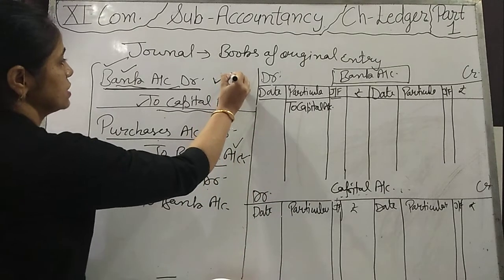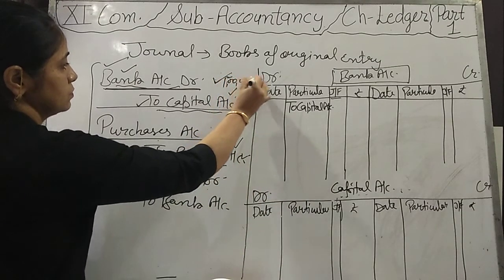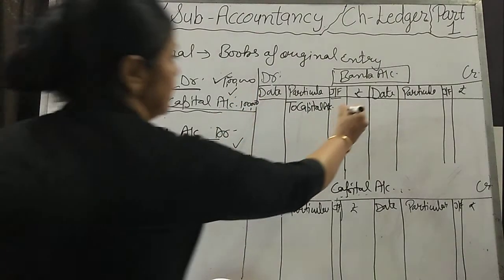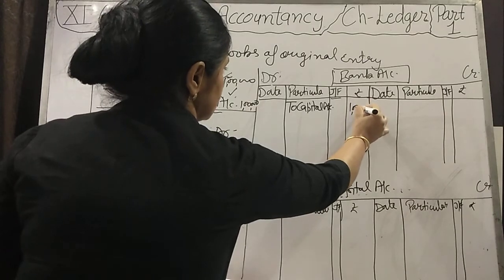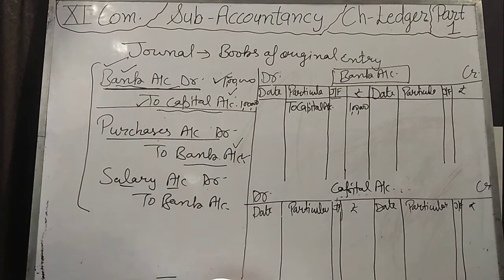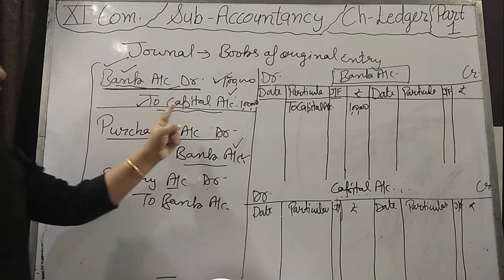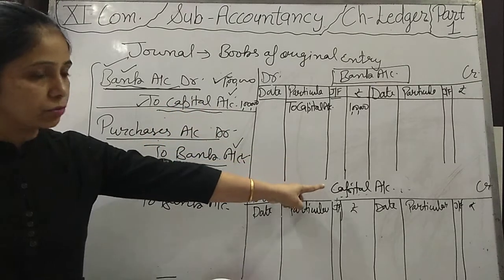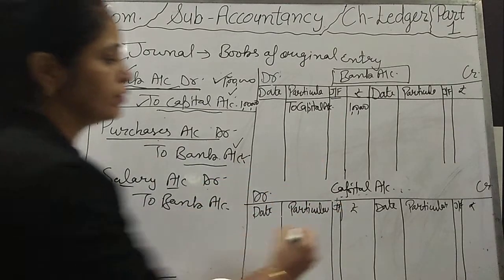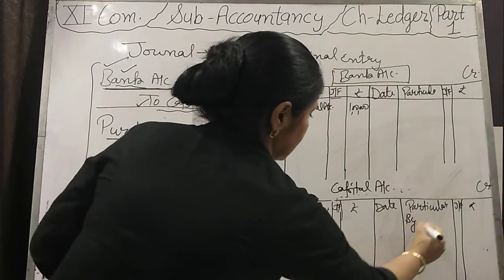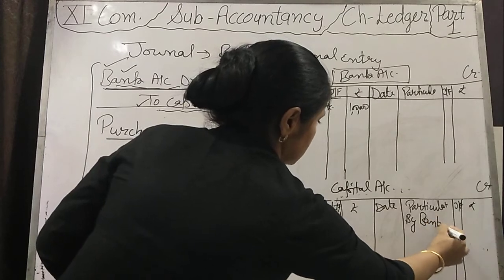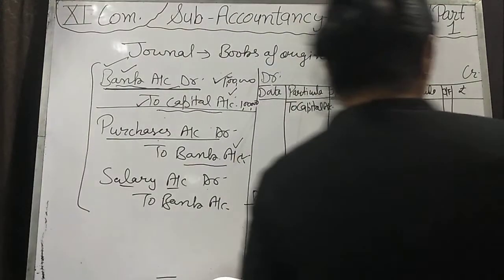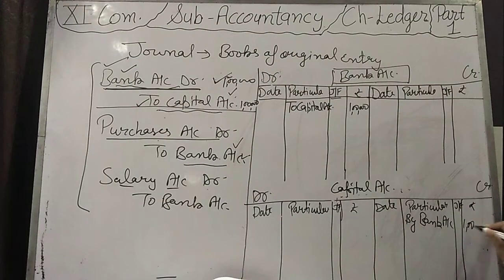Like amount is 1 lakh, then in the amount column we will write 1 lakh. Understand? Now capital account is credit. So in capital account, on the credit side we will write by bank account. Fine. In the amount column we will write 1 lakh.